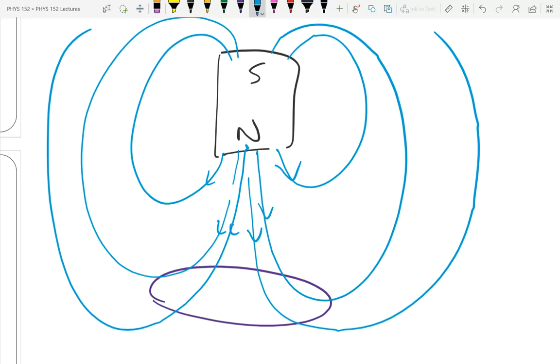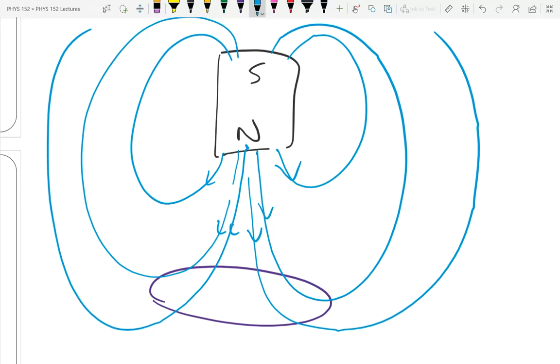So as it gets closer, what's happening to the field lines where that purple circle is? You're getting the field lines closer together, which means stronger. You have more magnetic flux, right? Because the magnetic field going through the opening of that circle is getting bigger.